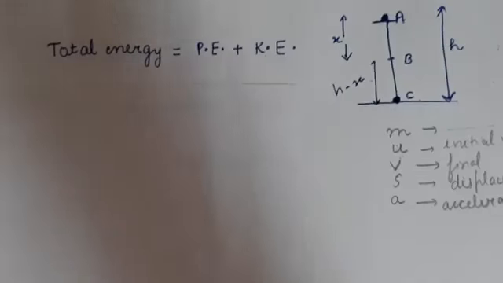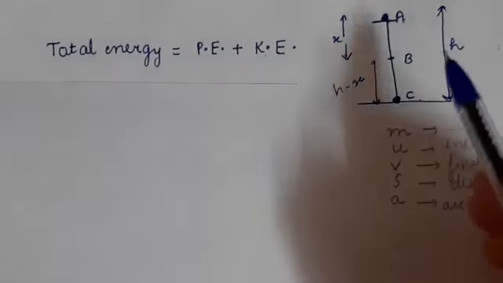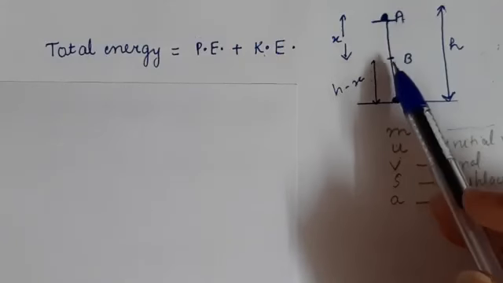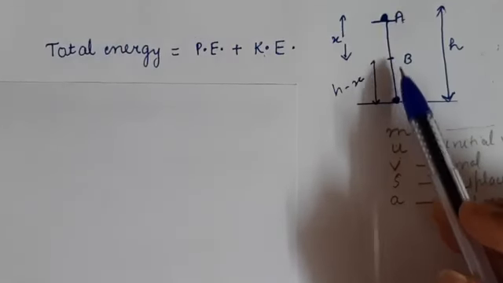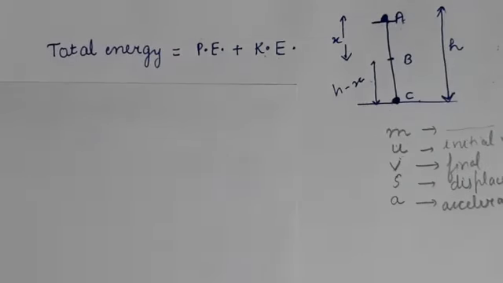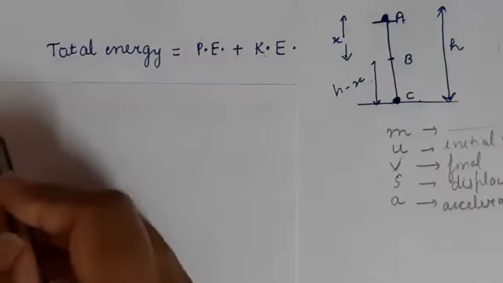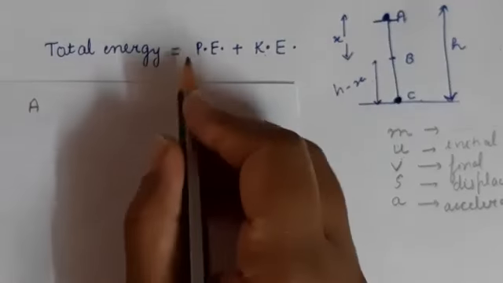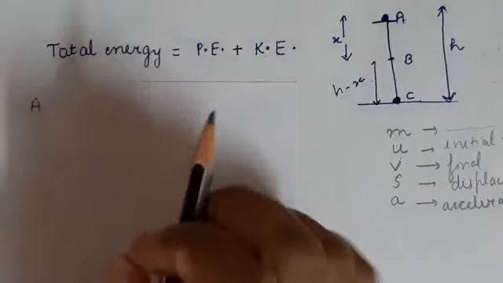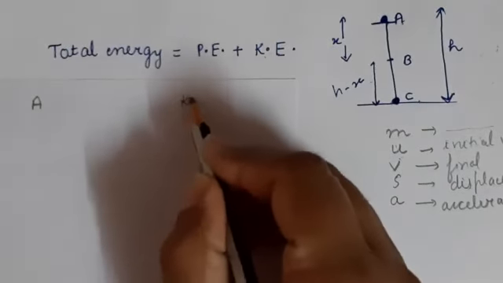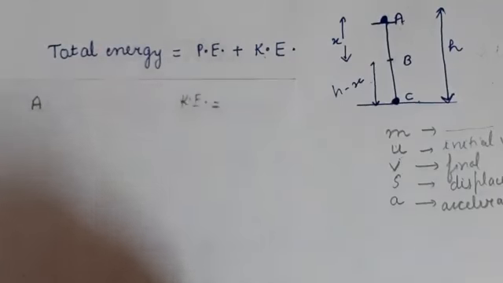Now students, we will find out the total energy at point A, then the total energy at point B, then the total energy at point C. So let's start with the first part, the total energy at point A. Total energy will be equal to kinetic energy plus potential energy. Now what is kinetic energy at point A?